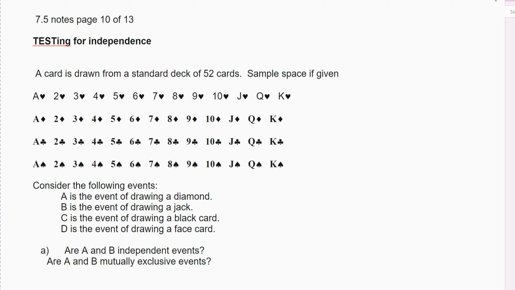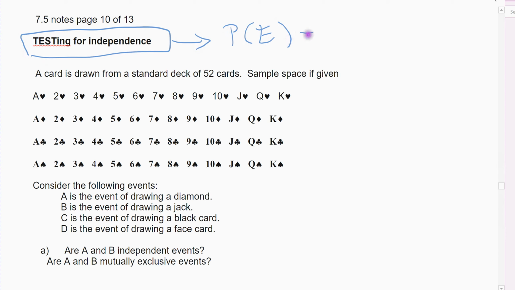Alright, so remember, when we test for independence, we're testing if the condition matters. So the test is, if I find the probability of an event, is it the same or different? Is it equal to or not equal to the probability of that same event given a different event?